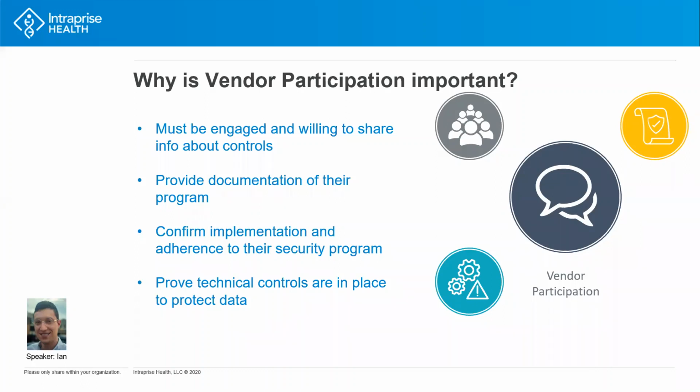So we know that no security program is perfect, and oftentimes a vendor can want to project a certain type of security program that they think their potential customer is looking to see in terms of their responses. So what would you say to business associates, to vendors about the need to provide meaningful responses, and why should this be important to the vendor?